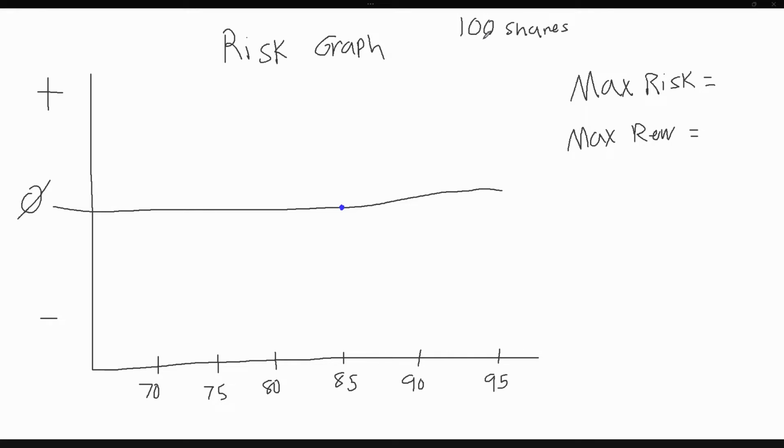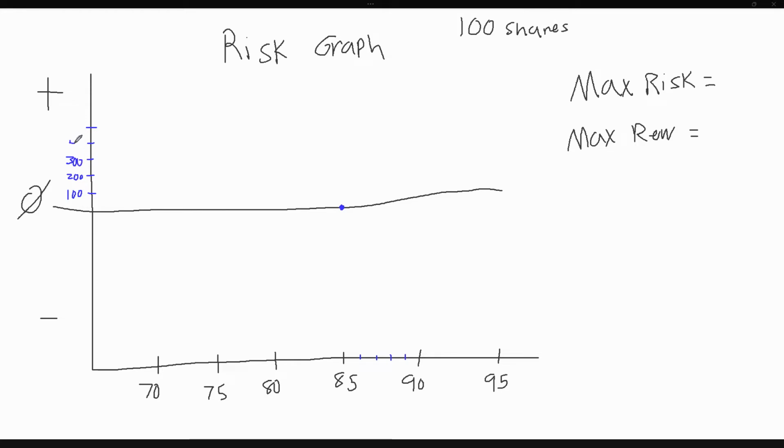And then, because I own 100 shares, every $1 that the stock goes up is $100 of profit. If it goes up $2, that's $200 of profit. $3, $300. $4, $400. At a $5 increase on 100 shares, that's $500 of profit. On your risk graph, it would say right here you're up $100, right here you're up $200, right here you're up $300.